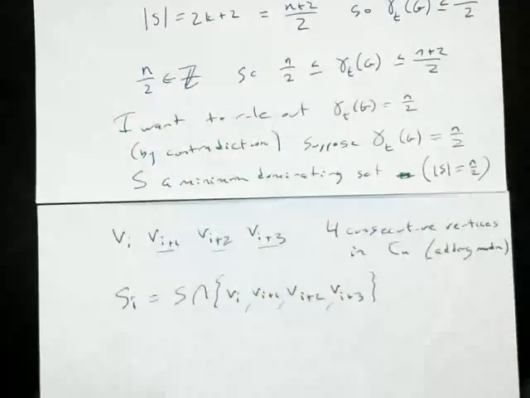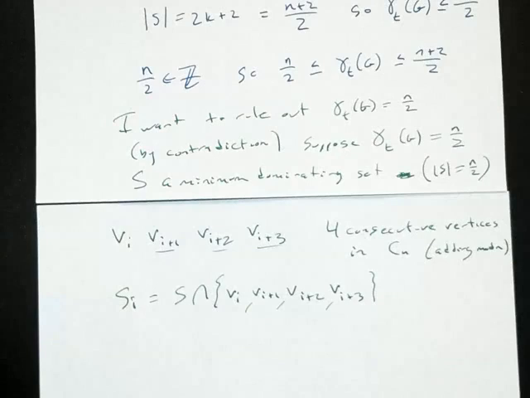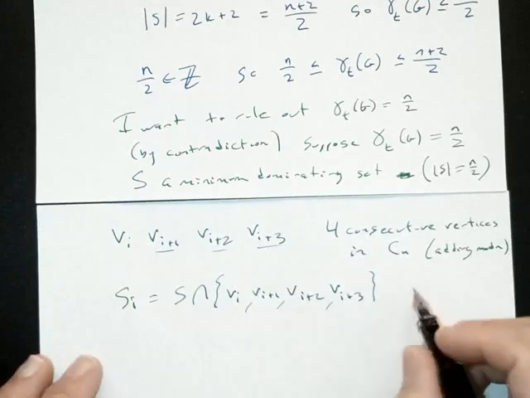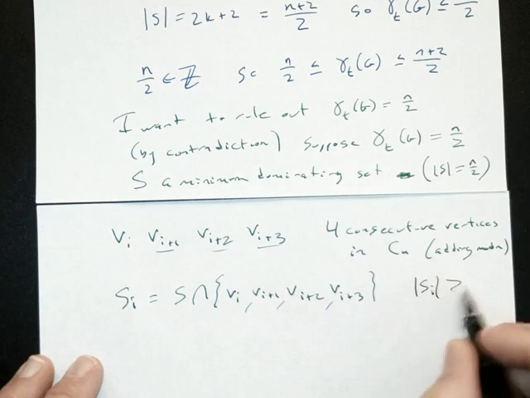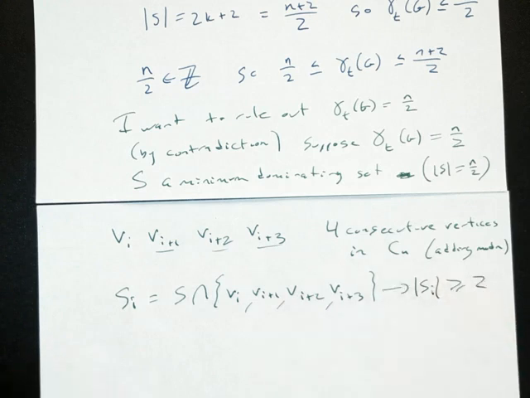So let's call the part of S that intersects with this Si. Si is at least 2. The only way to cover V1 is to use Vi plus 1 or Vi plus 2. The only way to cover Vi plus 2 is to use Vi plus 3 or Vi plus 1. I have to use at least 2.